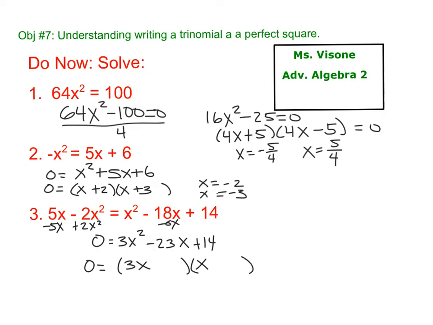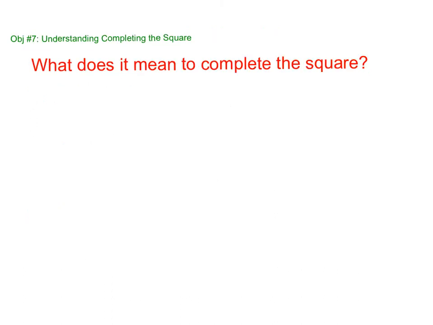My guess, oh, it's 7 and 2. 7 times 2. If I put a 7 here, that gives me 21. Plus 2 is 23, and they are both negative. Set each of these equal to 0, and we get x equals 2 over 3, and x equals 7.